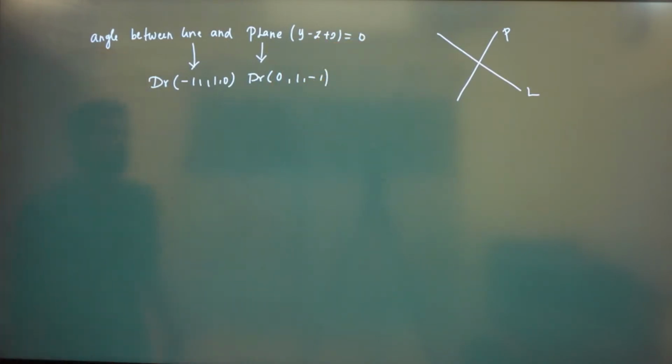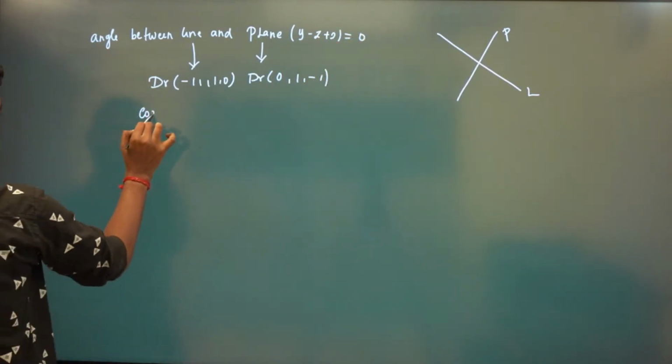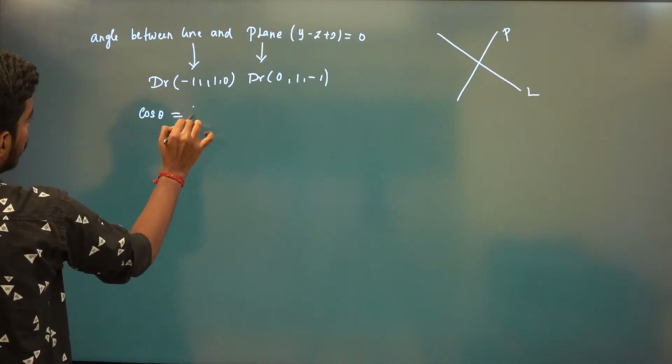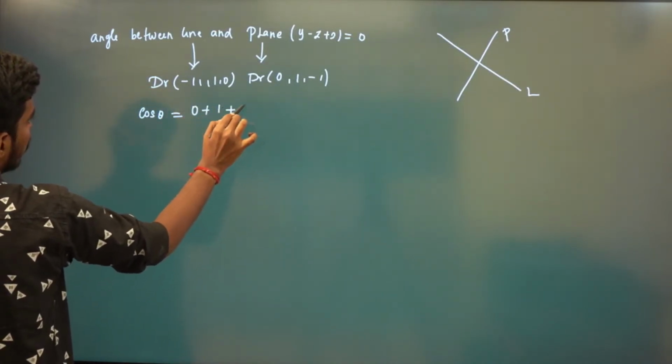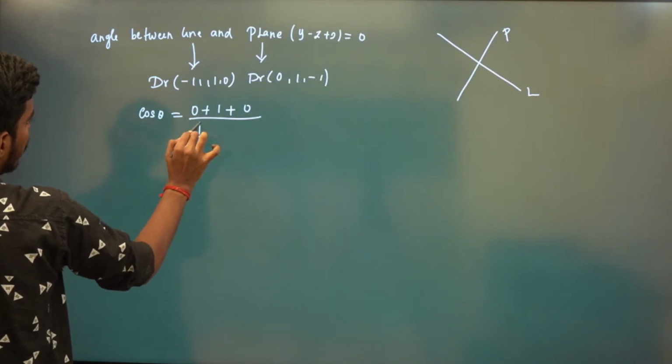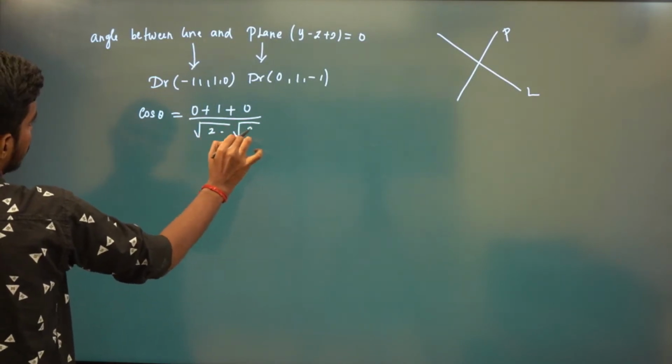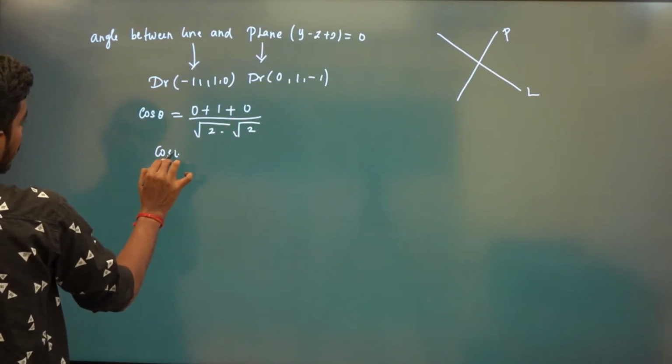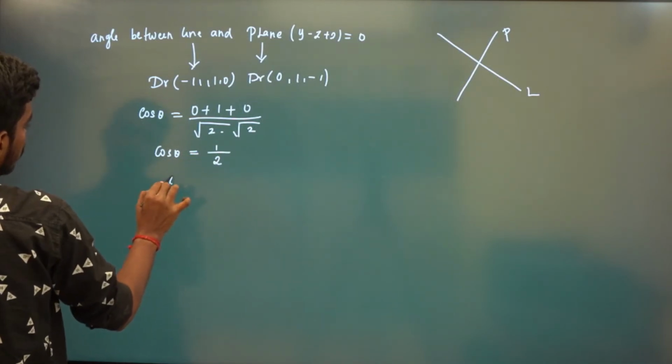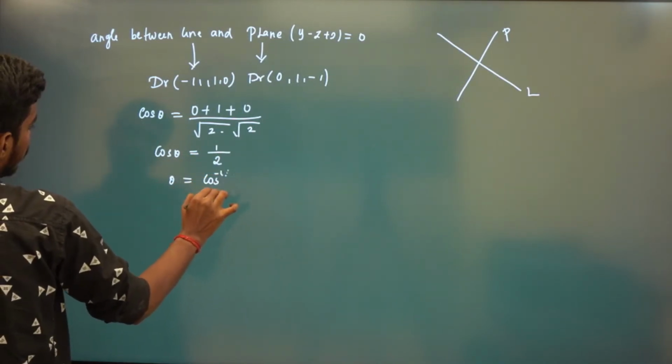Now just apply the cos theta formula: a1 a2 plus b1 b2 plus c1 c2 divided by the root of a1 square plus b1 square plus c1 square times the root of a2 square plus b2 square plus c2 square. We have cos theta equal to 1 by 2, so theta is cos inverse of 1 by 2.